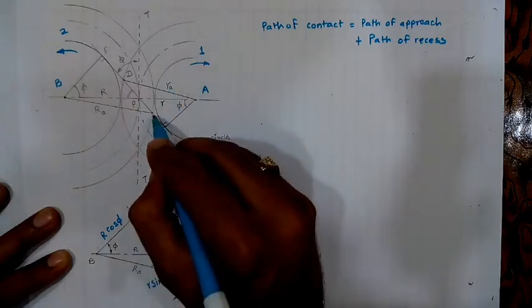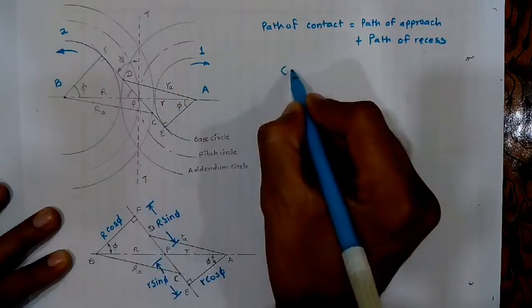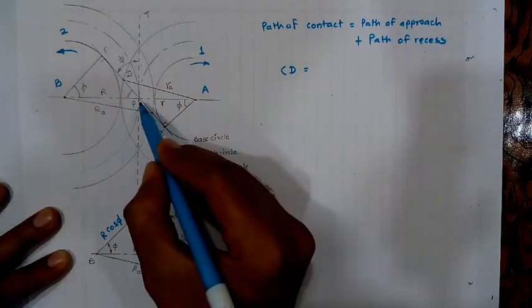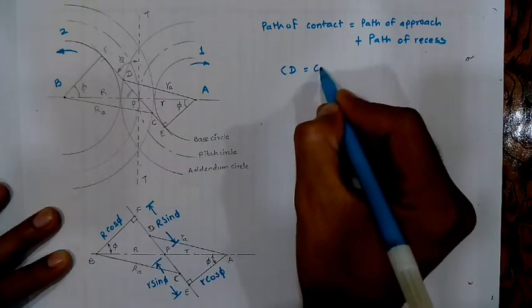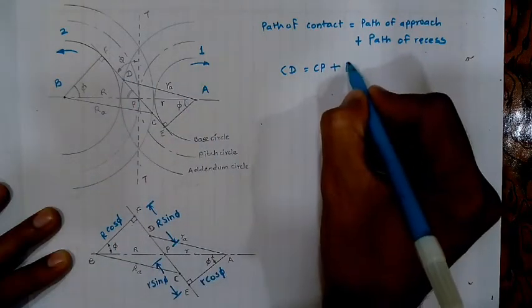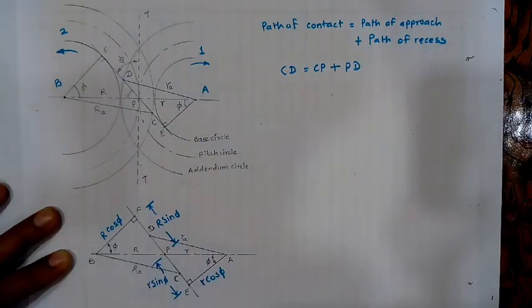So CD is the total path of contact, and it has two parts, CP the path of approach plus PD the path of recess.